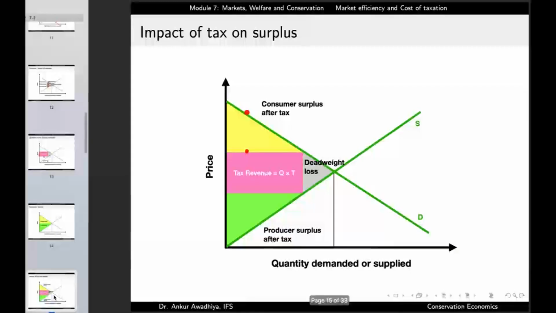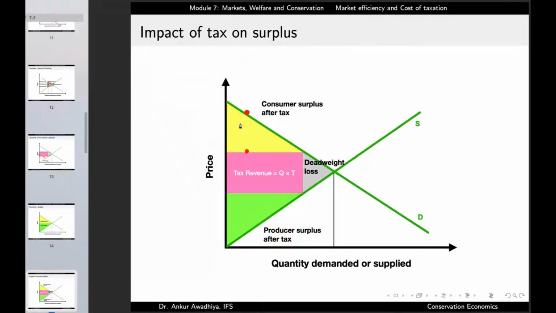So if the buyer has to pay a higher price, the consumer surplus will reduce, which is what we are observing in this case. The consumer surplus is now only this much portion. It is not the triangle that we were having before. Earlier we were having this big triangle, but now we are having only this small triangle. So the consumer surplus reduces.